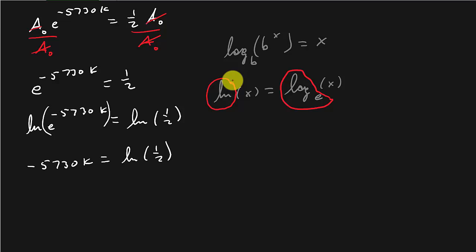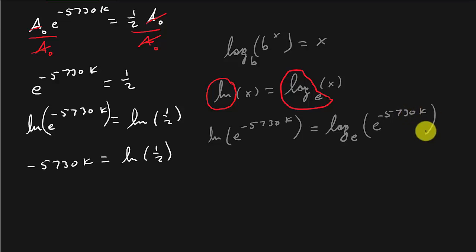So we have the natural log of e to the negative 5,730 k, which is log base e of e to the negative 5,730 k, and since the bases are the same, you just get the exponent. That's where that comes from.